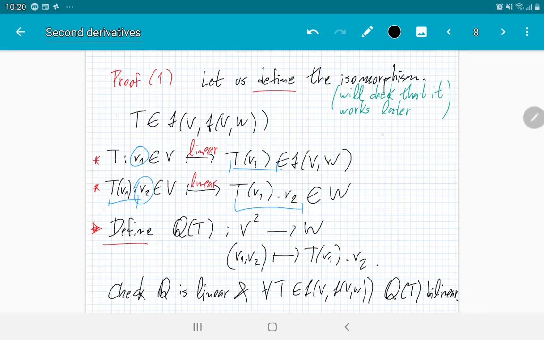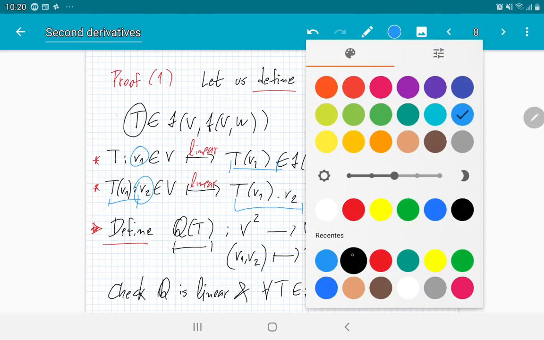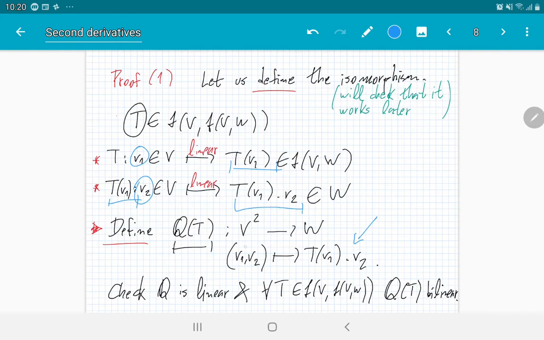Remember, Q is going to be my mapping. Given T, I want to produce a bilinear transformation, which is Q of T. Well, that's really simple. It's what I wrote a few slides ago. I just take the transformation that takes a pair of vectors V1, V2 and produces TV1 applied to V2.